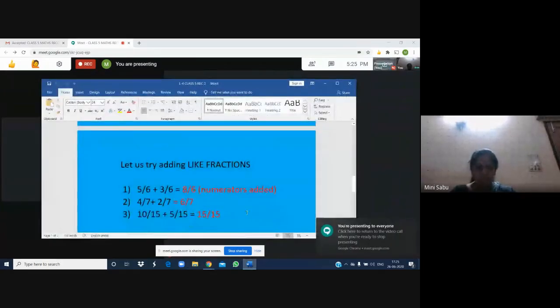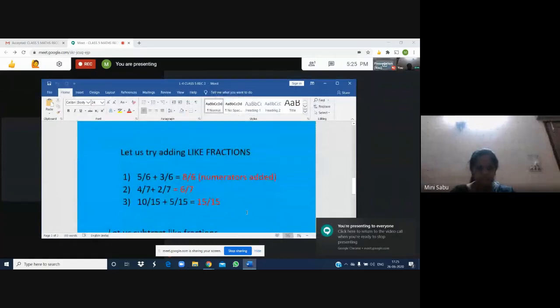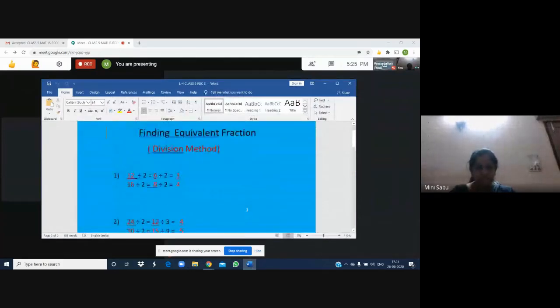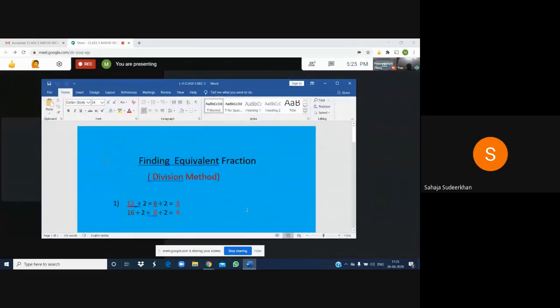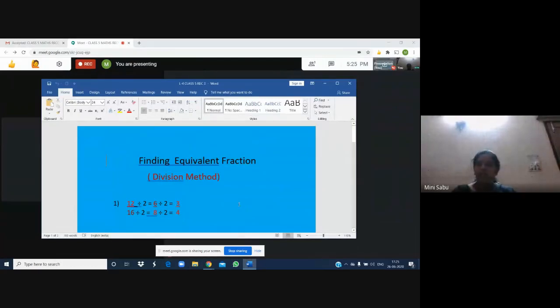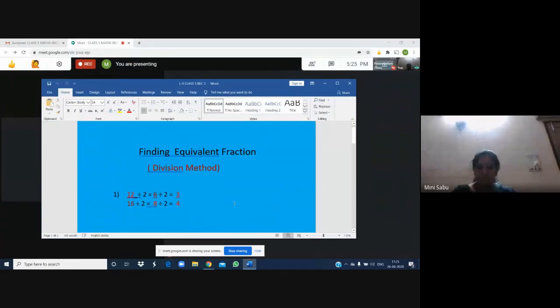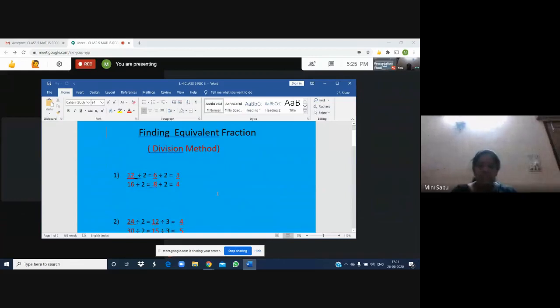Okay, children? Finding equivalent fraction. So the method here is division method. Let us take one fraction here.